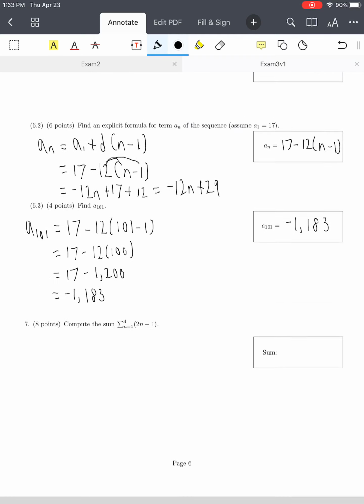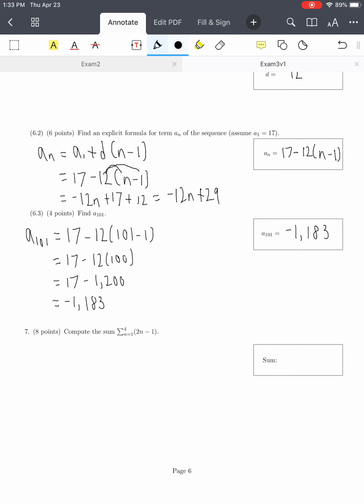Let's see, and lastly we have compute the sum, summation from n equals 1 to 4 of 2n minus 1. We don't have to use a formula for this one since it's only up to 4. We can just plug in n equals 1, 2, 3, and 4. So that's 2 minus 1 plus 2 times 2 minus 1 plus 2 times 3 minus 1 plus 2 times 4 minus 1.